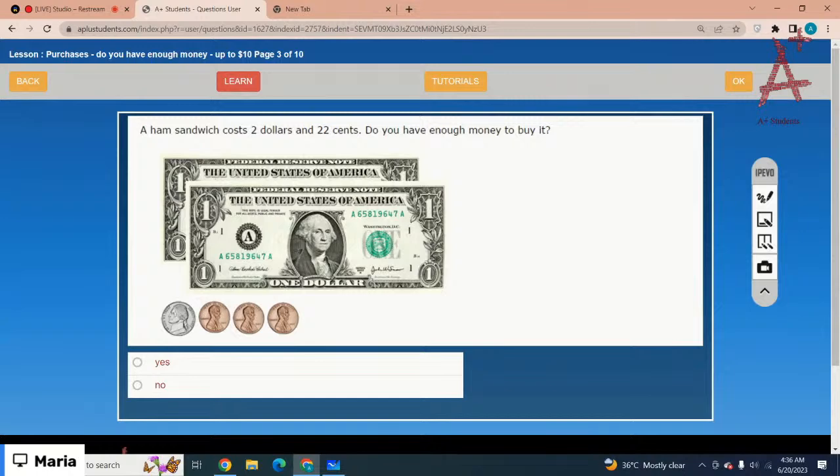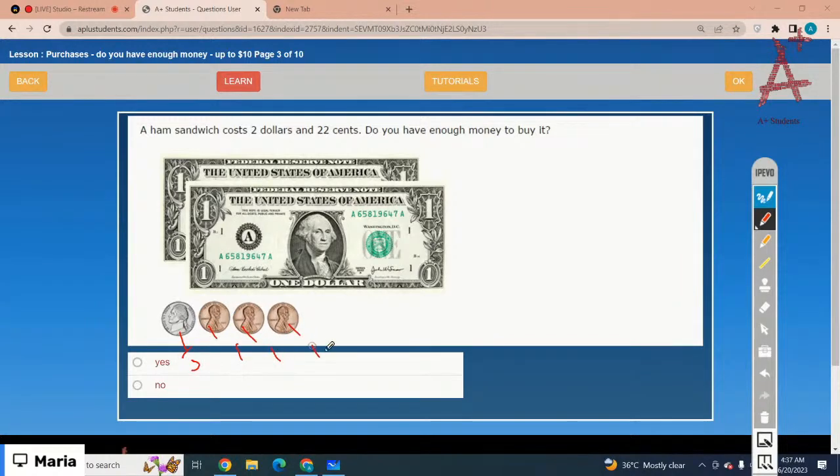Okay, the next one is a ham sandwich that costs $2.22. Do you have enough money to buy it? You have to see if the money is enough. You have two bills, got it? Now just look, you have three pennies and one nickel. You can count the nickel by five, and one, one, and one.